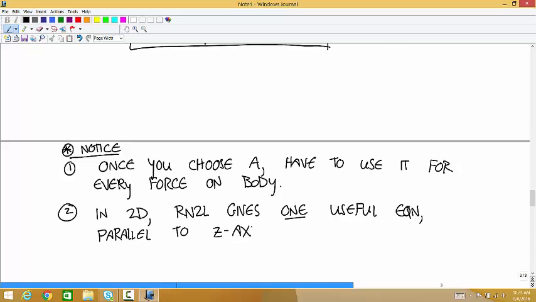So you only have non-zero z components. That's because if you think of a rho vector and an F vector in the xy plane, the cross product of those two is perpendicular to the xy plane, so it has to be either in the positive or negative z direction. Okay? So only z components are going to come up in 2D.